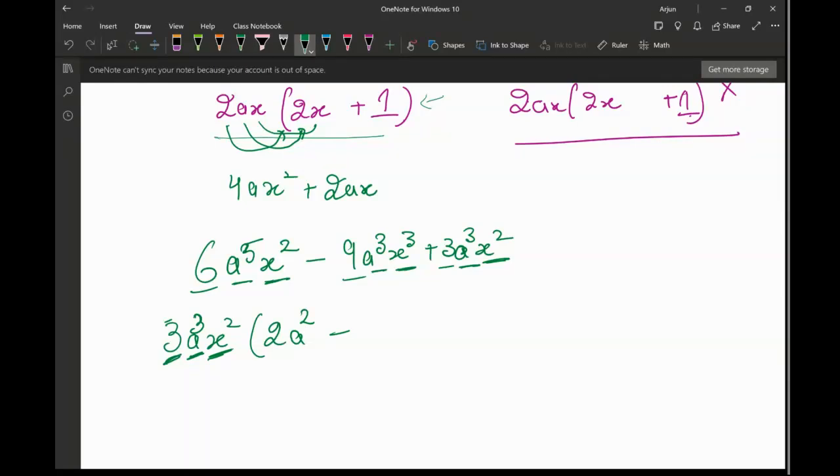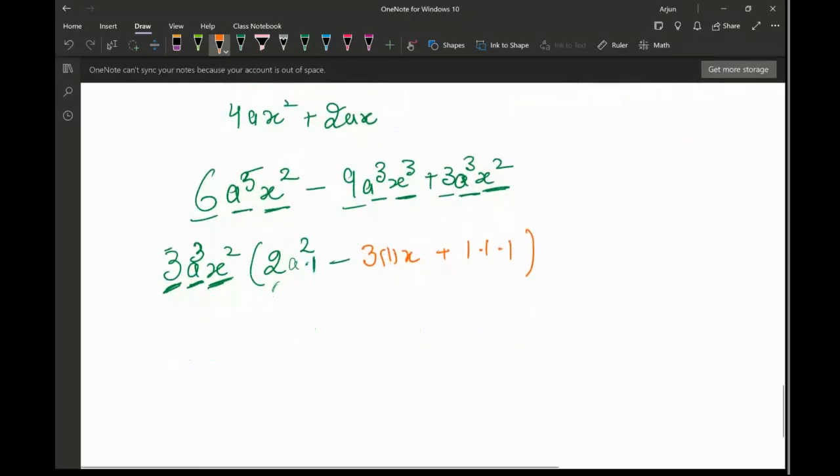Or if you wanted to, if you are confused, you can leave 1 here also, because then 2 times 1 is 2. You can do it this way also if you are confused. Because last time I said you have to leave 1, so if anyone is having any confusion, leave the 1 here, and then here it will be 3, and a cube I've taken outside, you can leave 1, and this will be x, and plus I've taken 3 outside, so I'll leave it as 1, and then I will again leave 1 here inside, and this will be 3a cube x square.